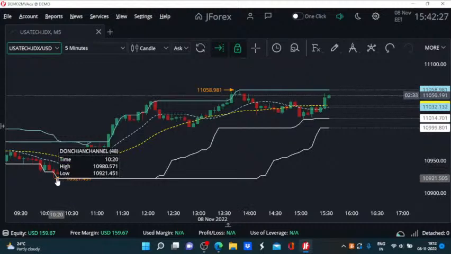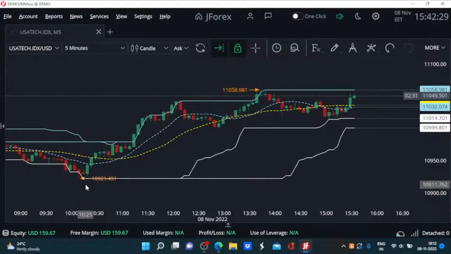It also made the day's low around a similar time. So there is not much of a difference in the relative strength and weakness of all these three key equity indices for the US. These are all trading on a similar trajectory.